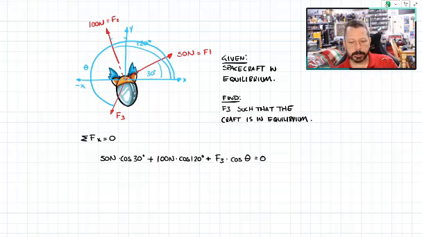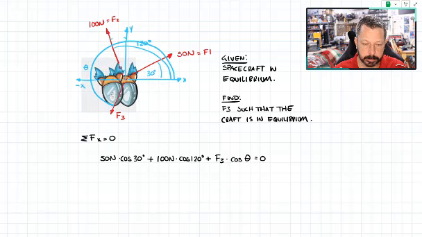So those three x components have to add to 0, or else this guy's moving in the x direction. It's moving this way or that way, depending on if it's negative or if it's positive.